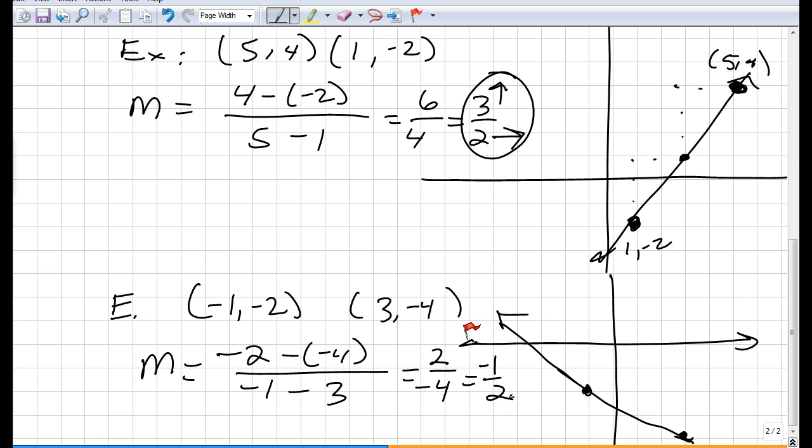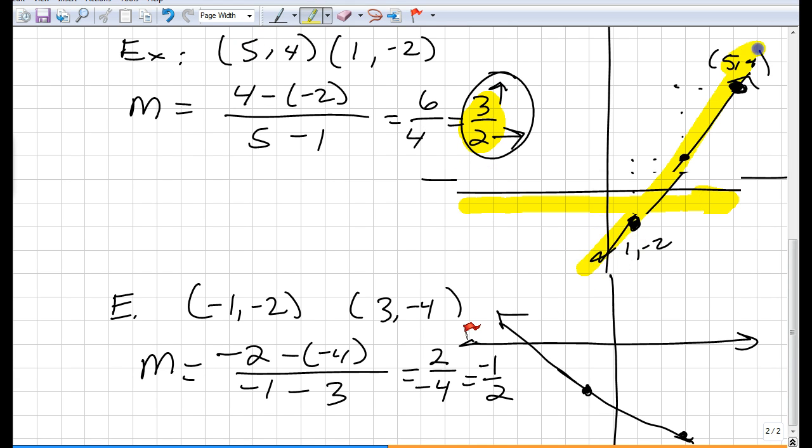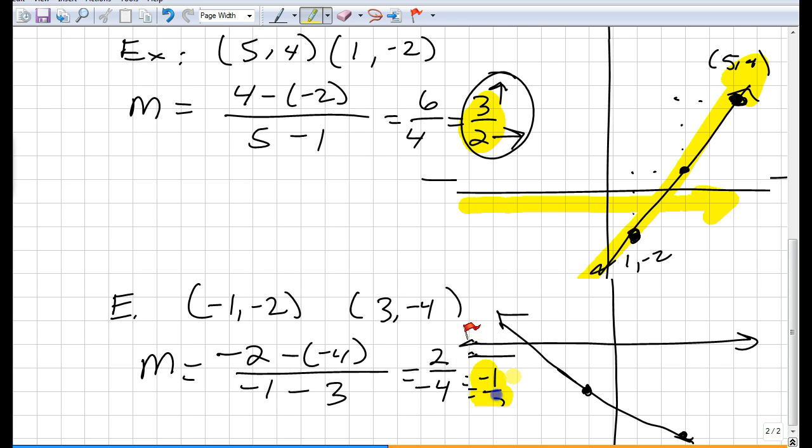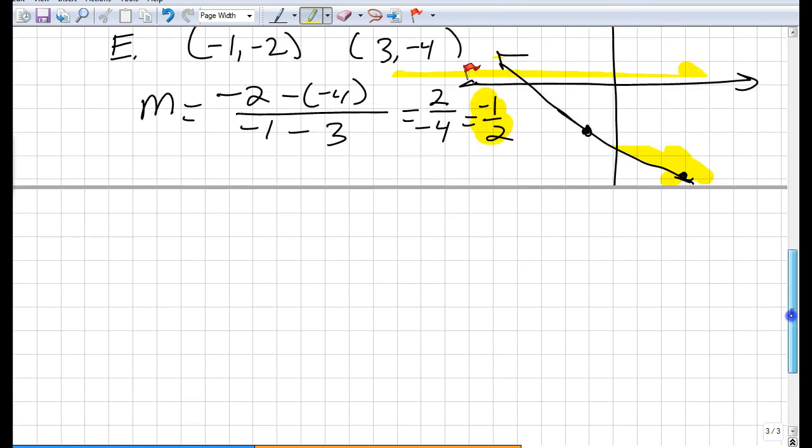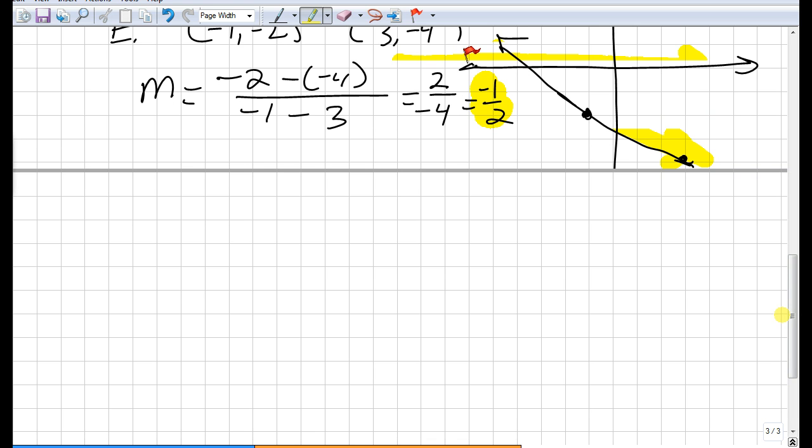So notice that this slope is positive, and as you move from left to right, the line is rising. This slope is negative, and as you move from left to right, the line is falling. So the positive or negative tells you a lot about the slope.